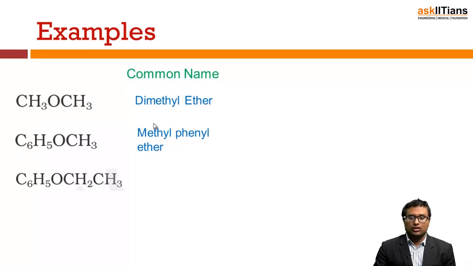That means you know that you have to name in such a way that your alphabetical letter is given preference. So M comes first and then comes P, so it will be methyl phenyl ether. And here, ethyl first, then phenyl, so it will be ethyl phenyl ether.